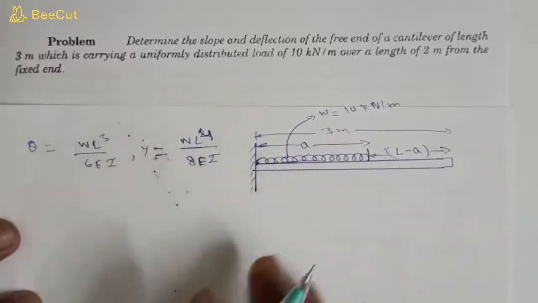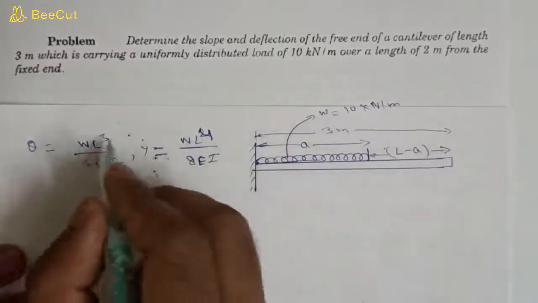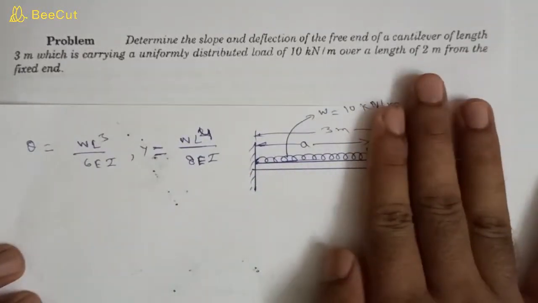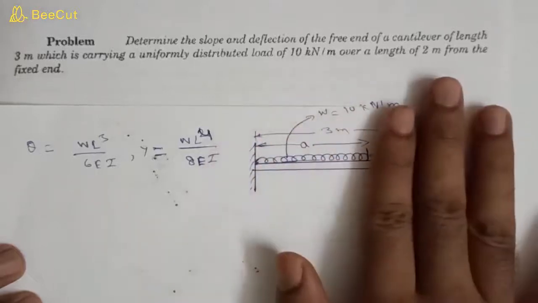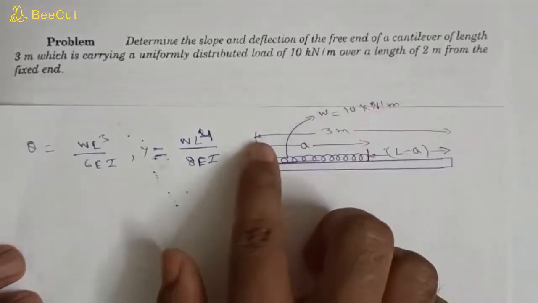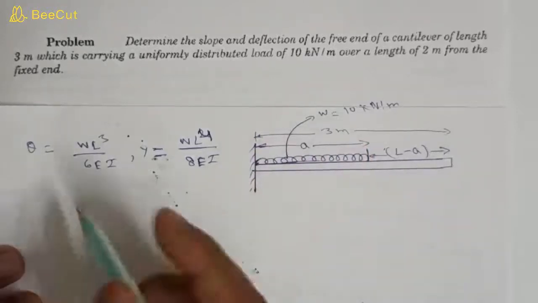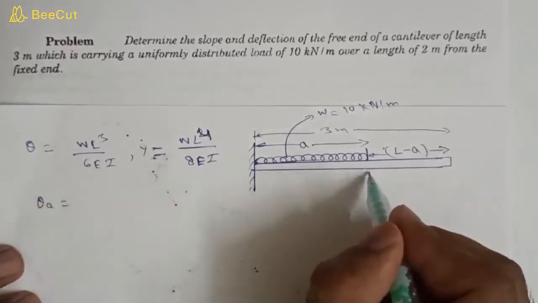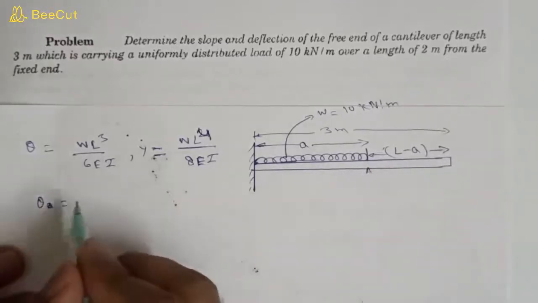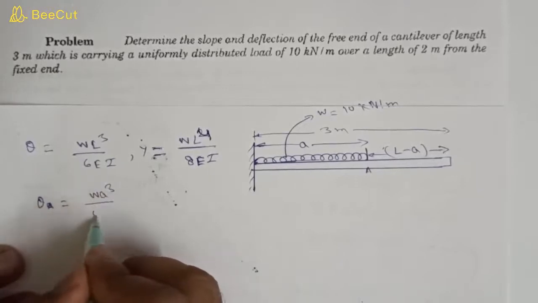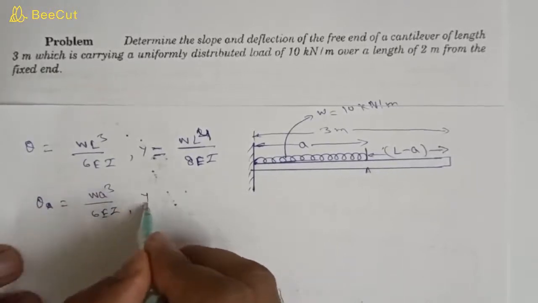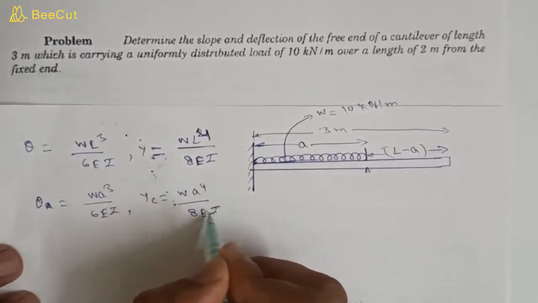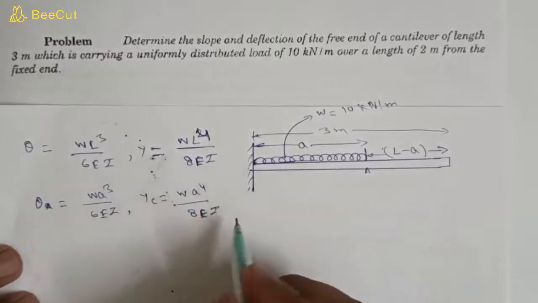Now, this was the case when the beam was only up to here and the load is distributed uniformly throughout the span of the beam. So if it is only distributed up to A length, then in place of L we can put A. So suppose this point is A, theta A will be WA cube upon 6 EI, and YA will be WA to the power 4 upon 8 EI. Okay friends, I hope you understand up to here.